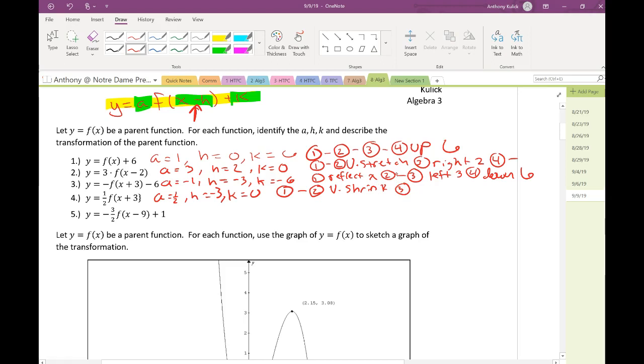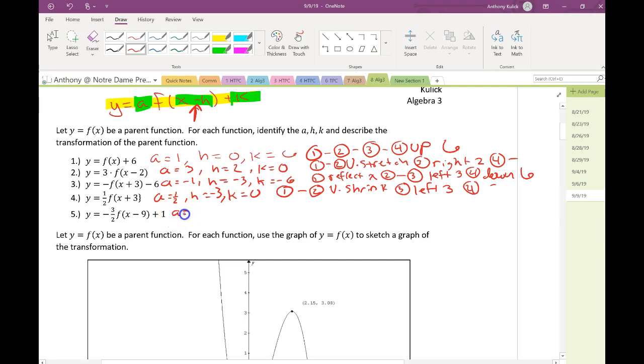Does 3 do anything? Yes. Since the value of h is negative, it's going to go left. And since the size of h is 3, it'll be left 3. Does 4 do anything? No. Since k is 0, nothing happens.